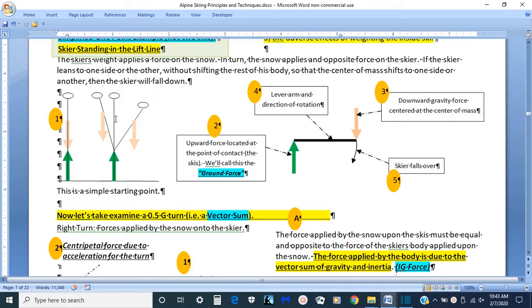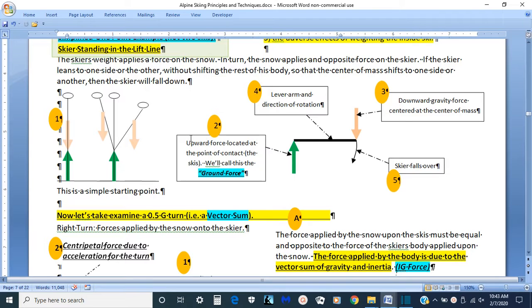Now, if you lean to one side or another, that's going to create a lever arm. Imagine you're leaning to this right side here. The upward force is located at the point of contact, still at your feet, your skis.